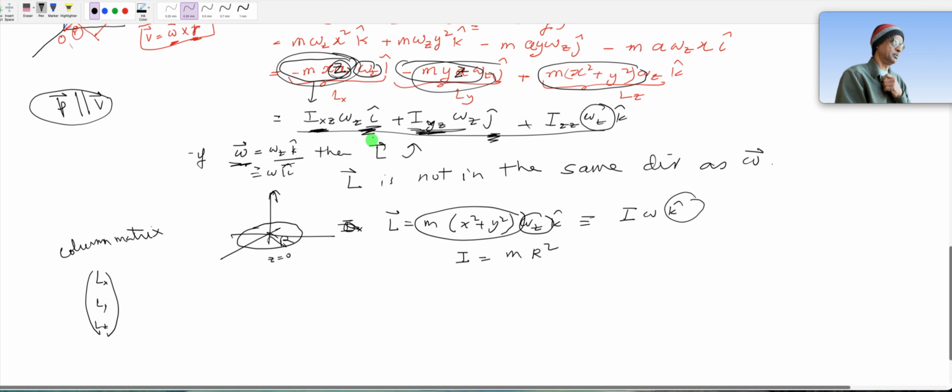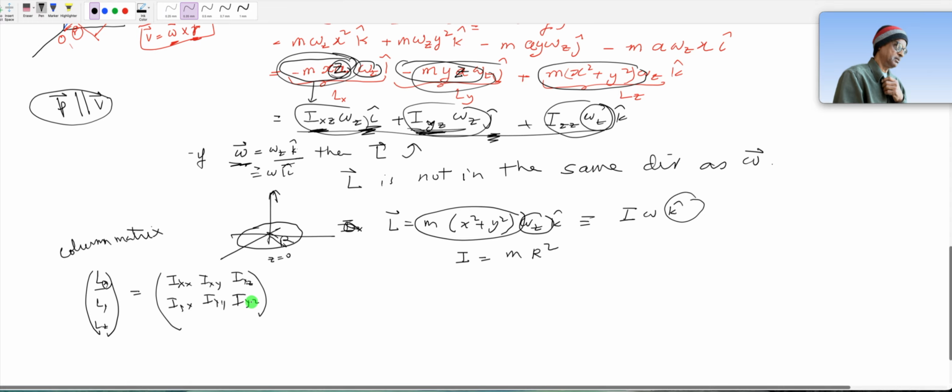You represent Lx, Ly, and Lz as a column matrix, and then what we have is a matrix where the first index corresponds to those guys: Ixx, Ixy, Ixz, then Iyx, Iyy, Iyz, then Izx, Izy, Izz.